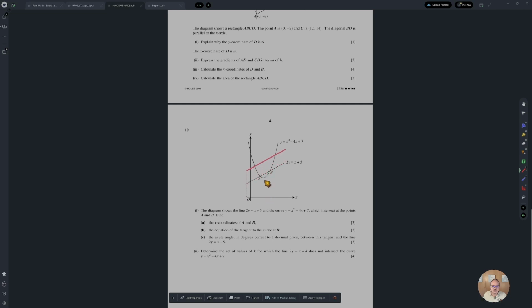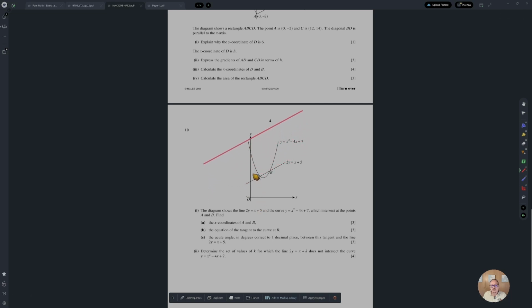All these lines over here will intersect the curve, right? I'm going to move it, make it bigger, right? So these lines, look, I'm changing the value of k, the y-intercept. Actually, k/2 is the y-intercept, but you get my point.